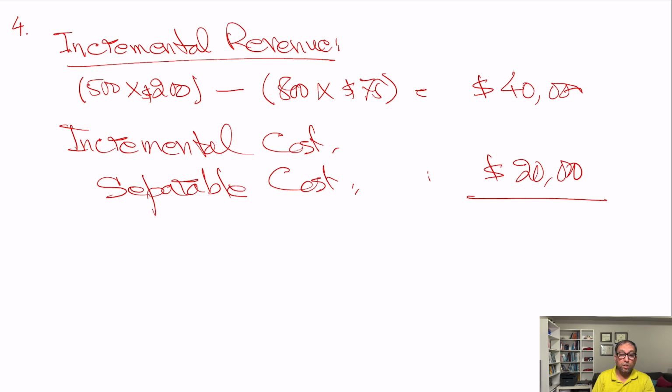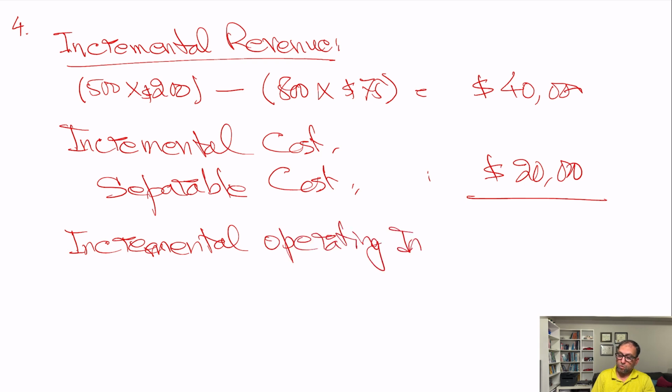So the net incremental operating income is 20,000. As the operating income is increasing with this process, we have to adopt further processing.